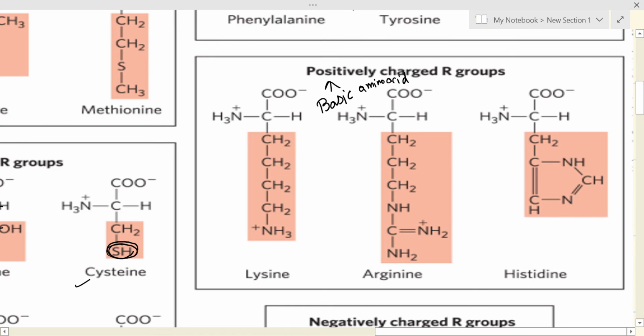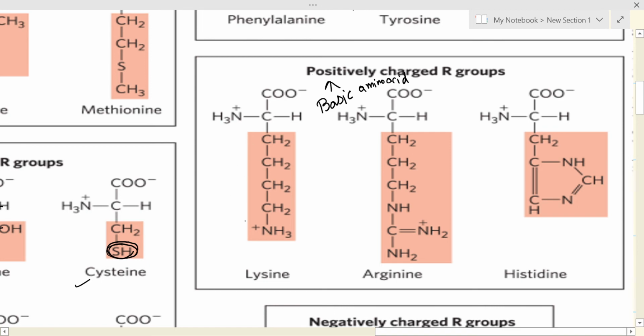In a future video, where I will define charge calculation, pI values and the zwitterion, I will discuss basic and acidic amino acids and why they are known as positively charged and negatively charged amino acids. But for now, just remember that positively charged amino acids are basic in nature.